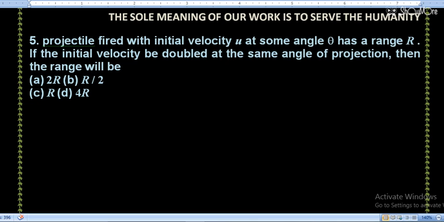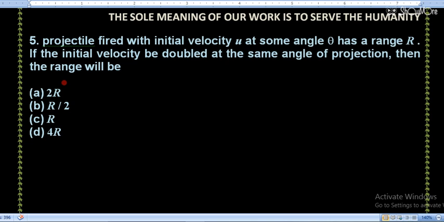You can pause the video and try to solve the question, and after that we will discuss it.